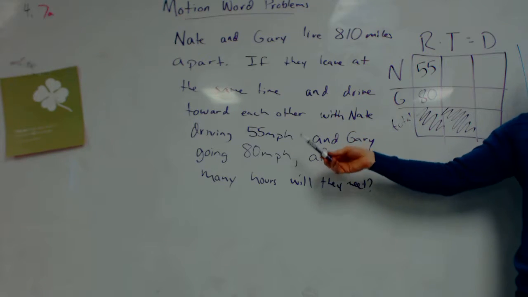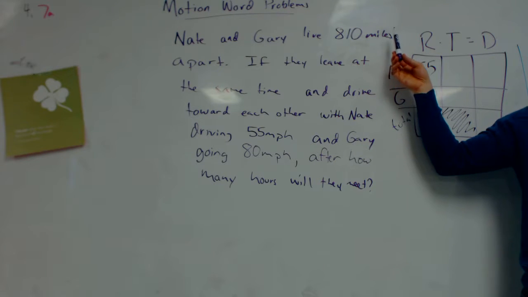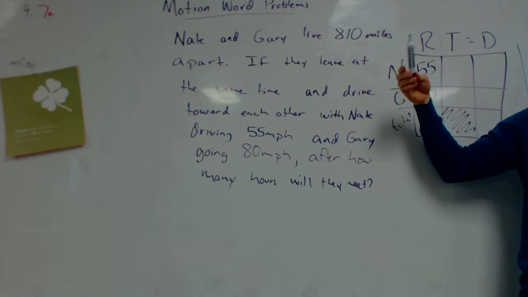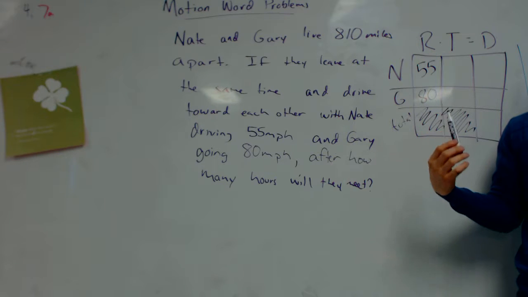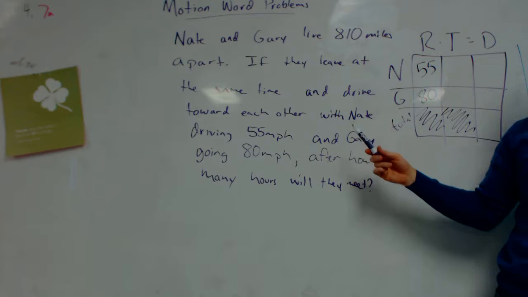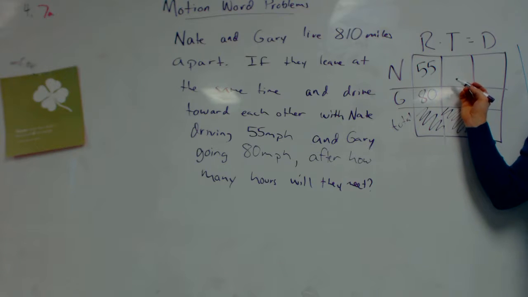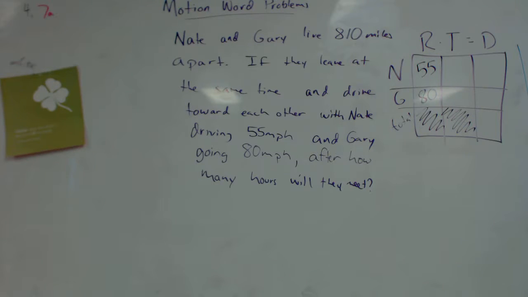If I had miles per hour, and then I had how many kilometers apart, I'd have to do a conversion first, right? I'm not going to give you problems like that for now, but it's important to pay attention to that kind of stuff. All right, what else do I know? They both leave at the same time. So what does that mean? So it's times h. Yeah, the time is the same variable, so we could use h again.